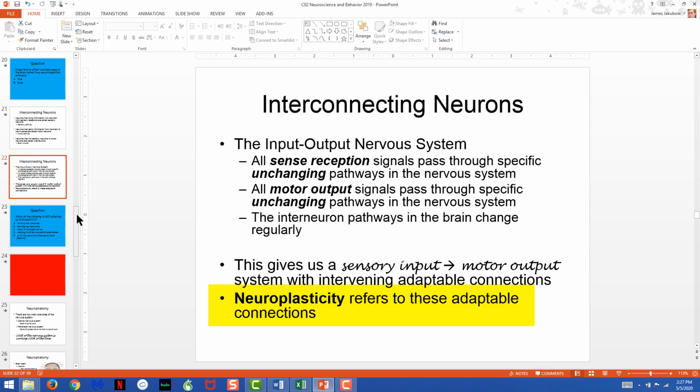So for example, if a cell is damaged and dies off, whether or not that cell can be brought back. We'll see in a short while that there are going to be different areas of your brain that will fix themselves better and other areas that you won't.